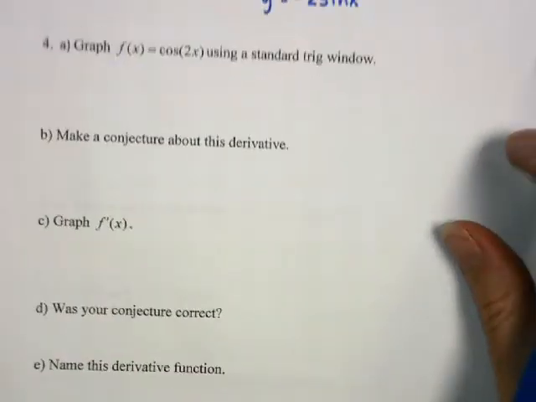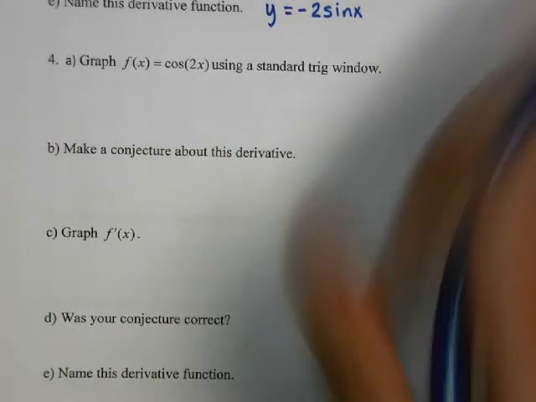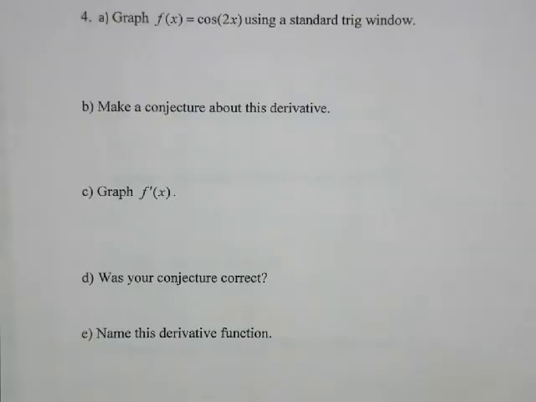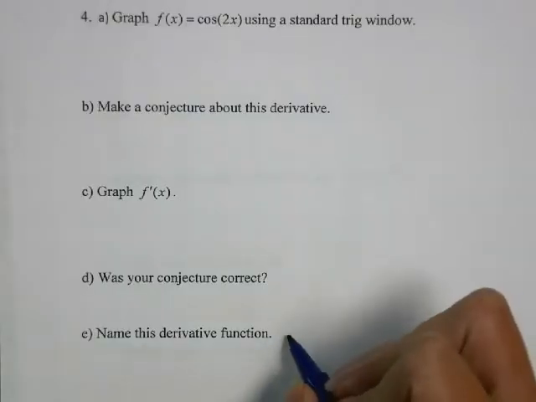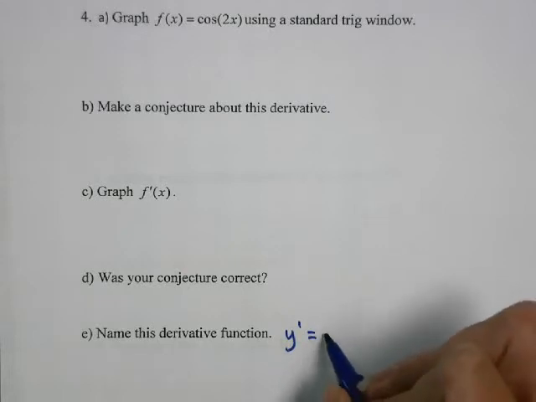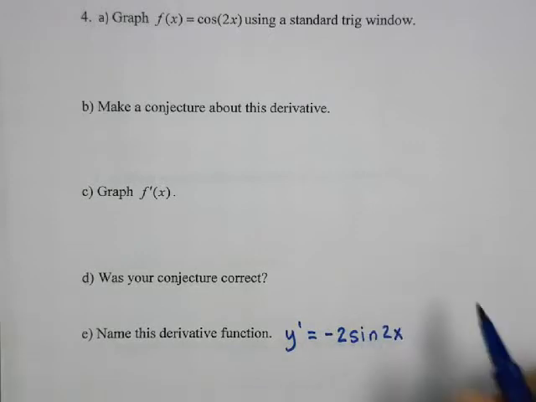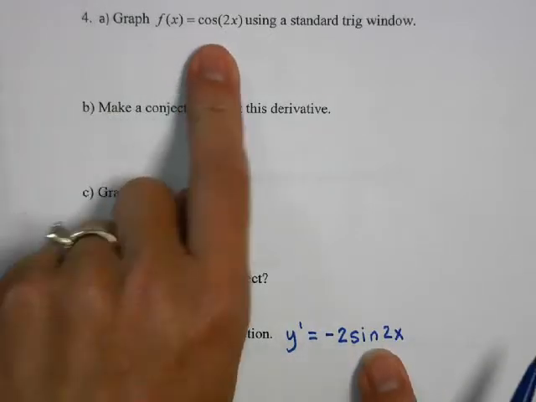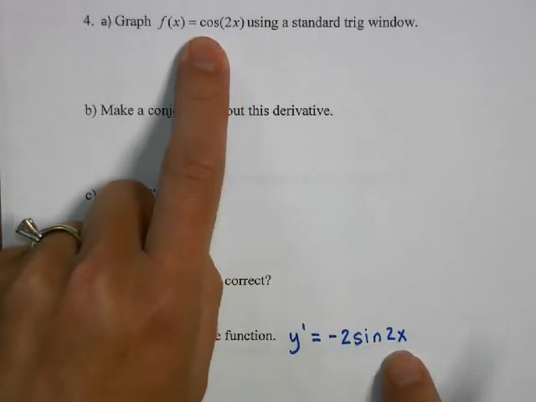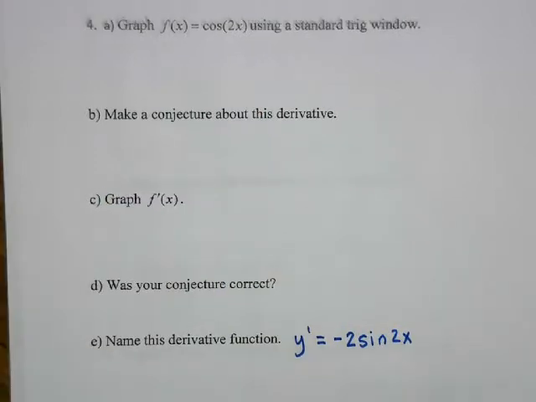So the actual derivative of cosine 2x is negative 2 sine 2x. We started with this, and our result was this. So the derivative of cosine is that negative sign, and the 2x kind of went along for the ride. So where did this 2 come from?